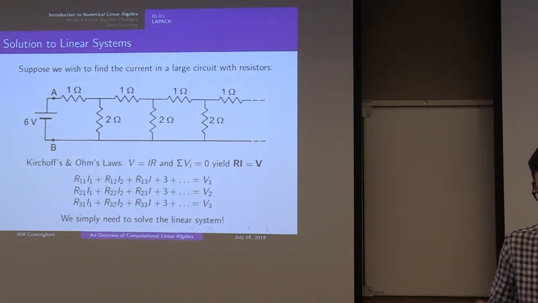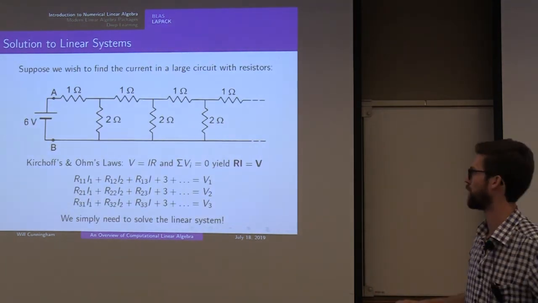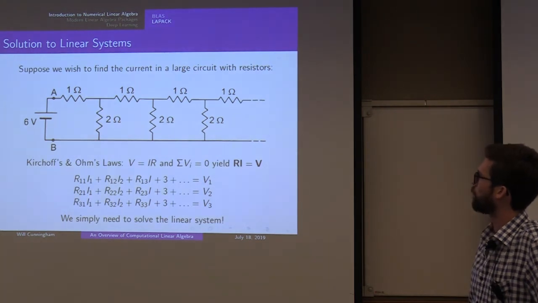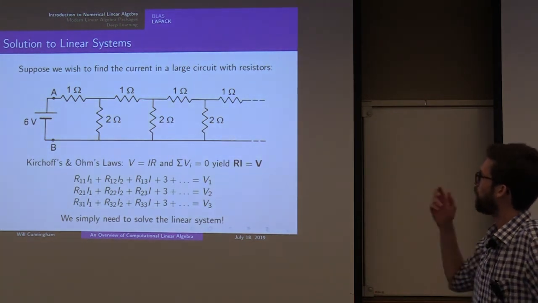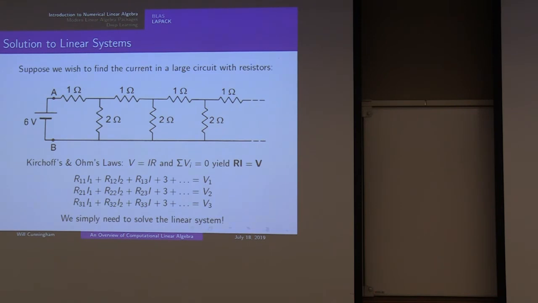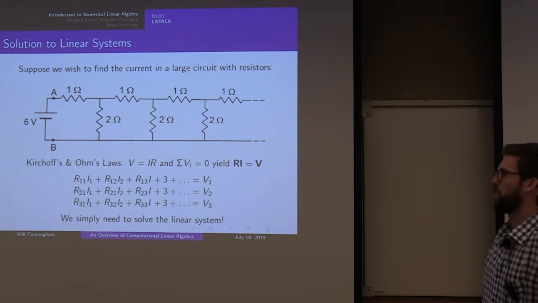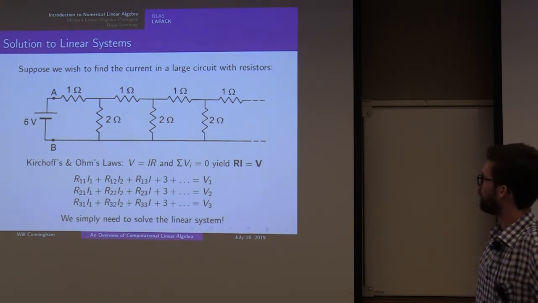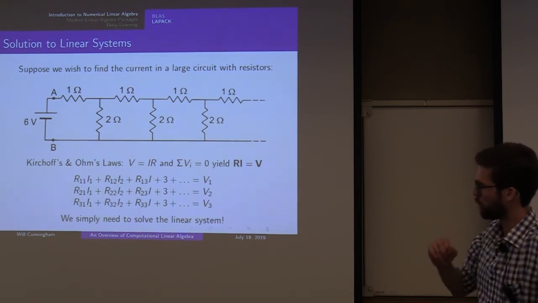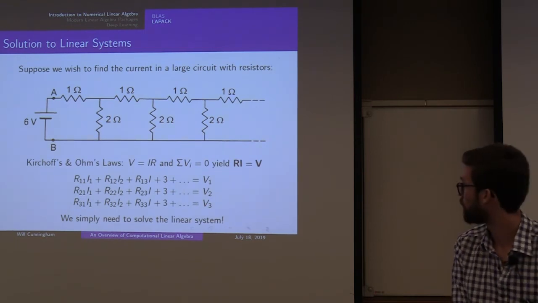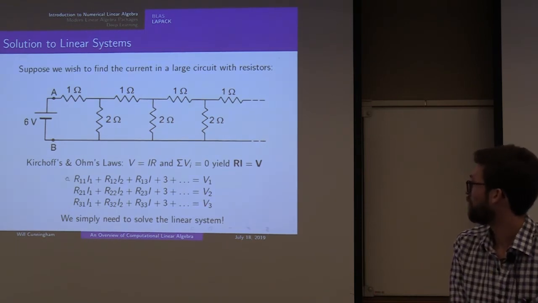So if we look at a simple example for linear systems, suppose we want to find the current in a large circuit with resistors. It's a very basic Physics 2 example. Using Kirchhoff's and Ohm's laws, we see that we have a linear system where we're just using V equals IR.